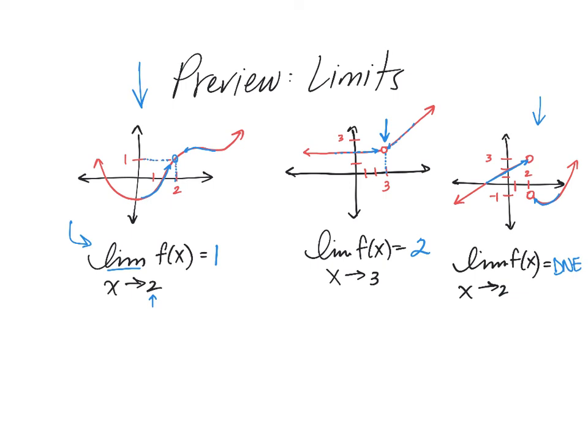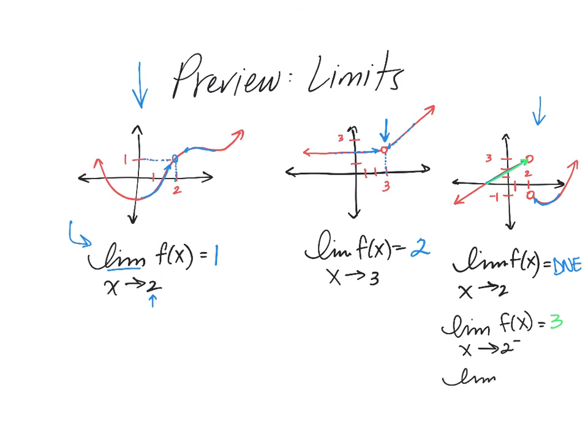Now, there are different questions you could be asked about this problem. So let's say it asks you the limit as x approaches 2 from the negative, or from the left. What this is saying is, what would you predict the y value to be as you come from the left-hand side? So from that side, you would predict the value to be 3.